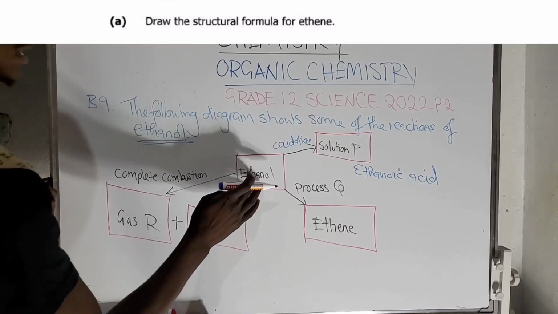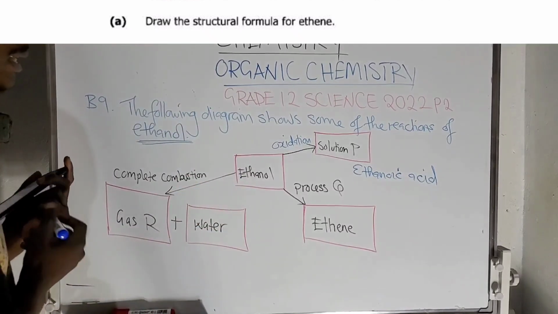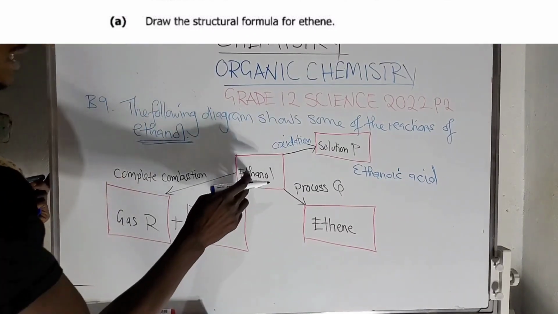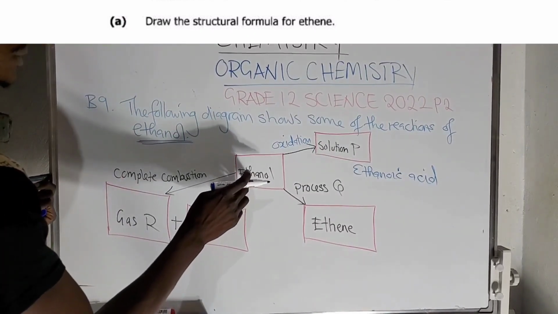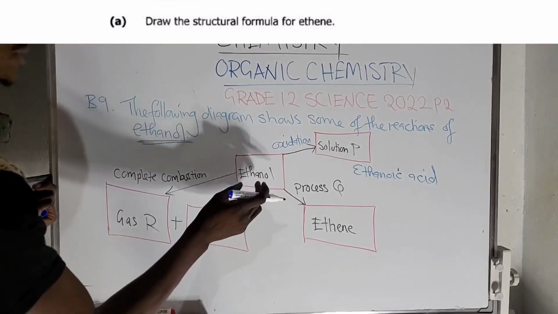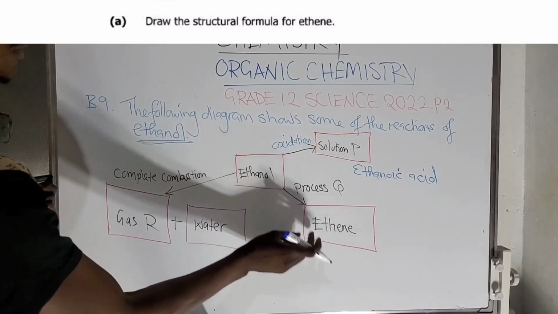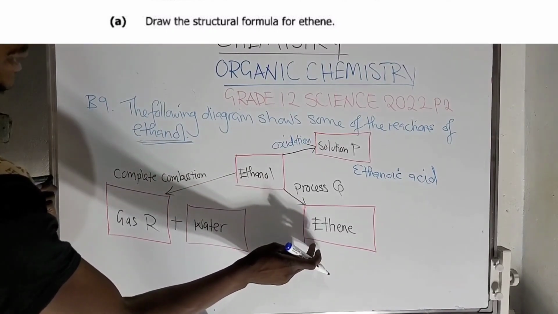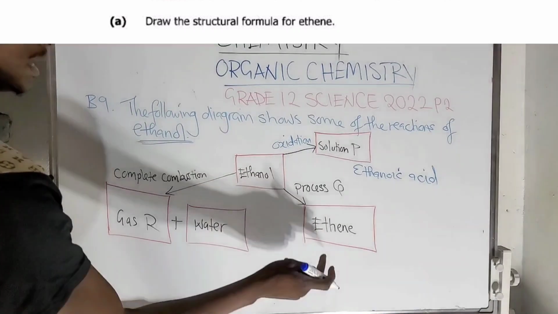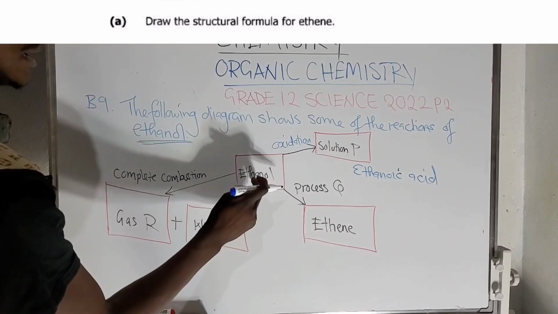Then ethanol can also undergo dehydration. When you remove water from ethanol, you form ethene. Now, when water is added to ethene, you form ethanol.